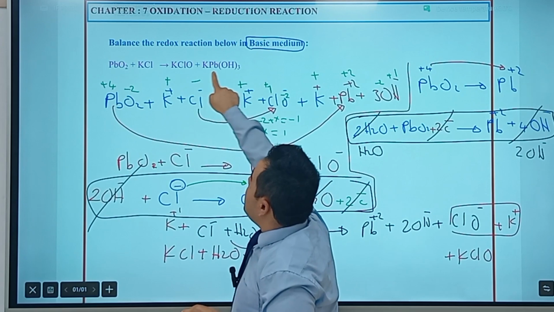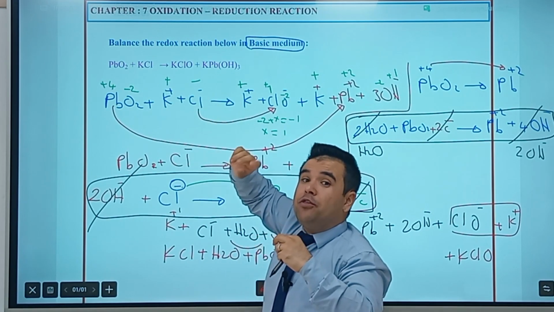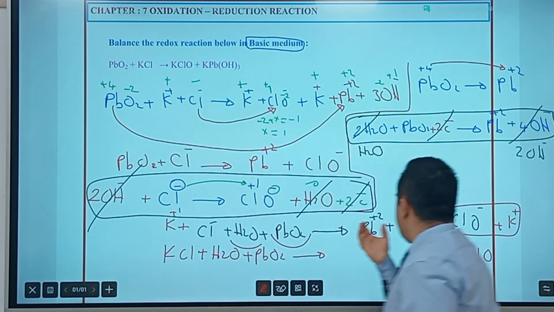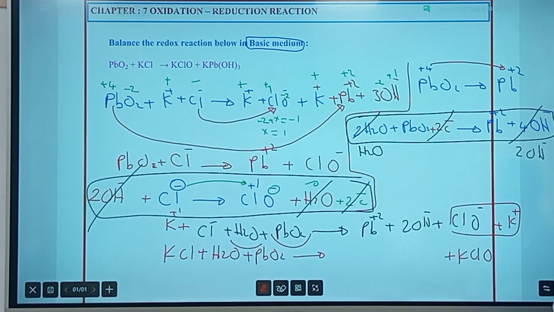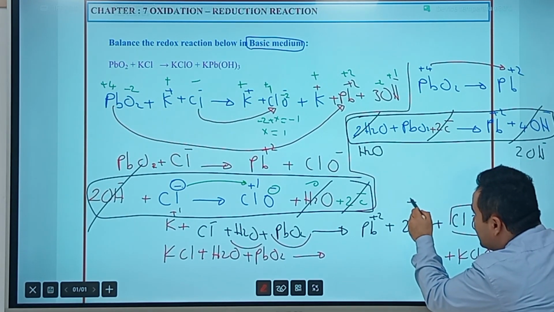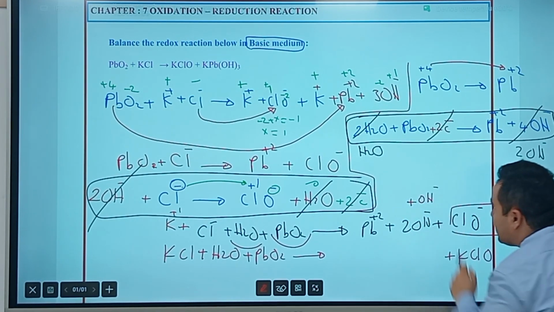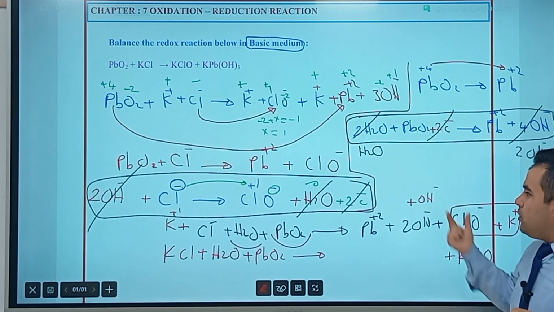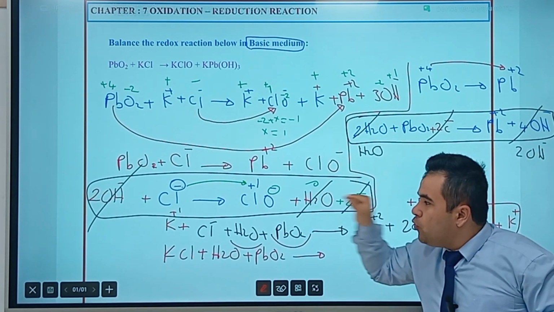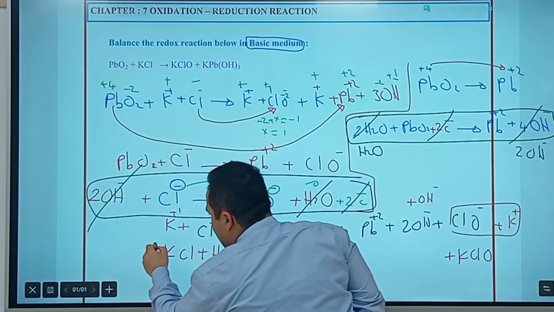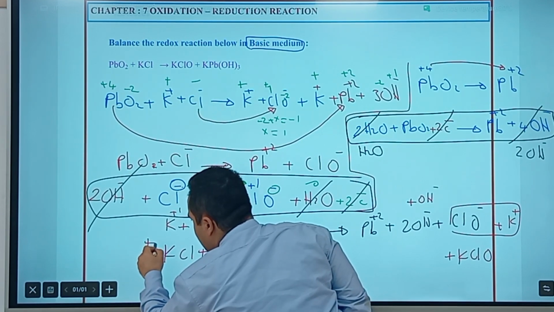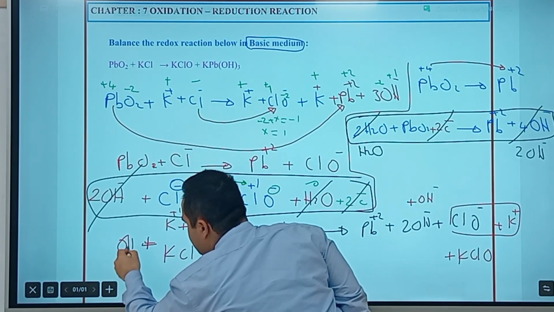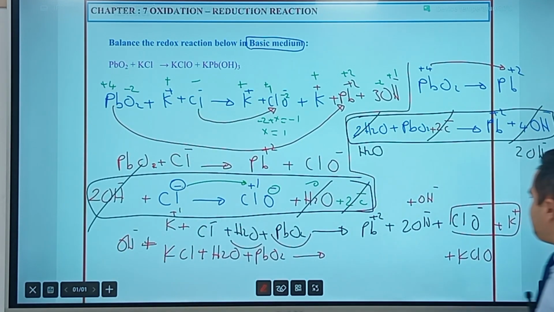To form 1 KPbOH by 3, we need 3 hydroxide. Here, how many hydroxide do we have? 2 hydroxide. So add 1 hydroxide to the product. If you add 1 hydroxide to the product, don't forget to add for the reactant as well. Add again the 1 hydroxide to the reactant.